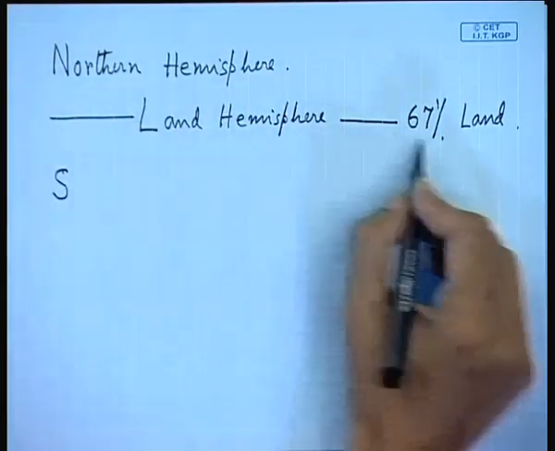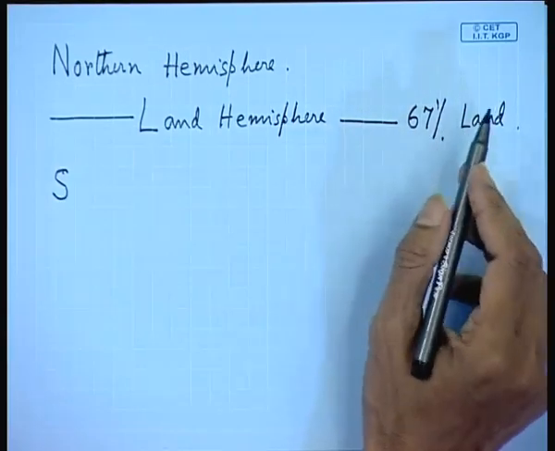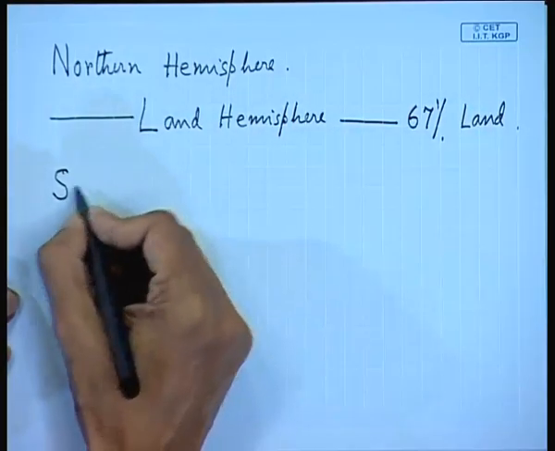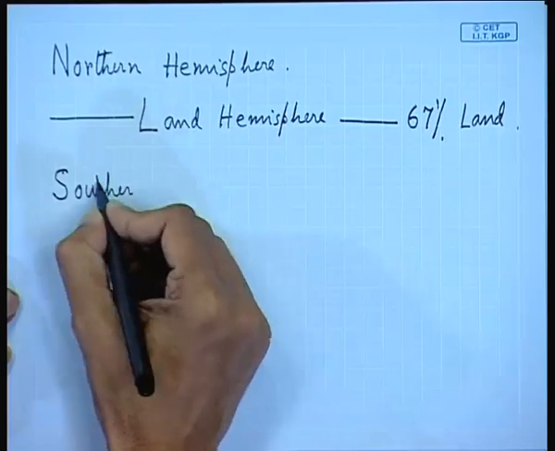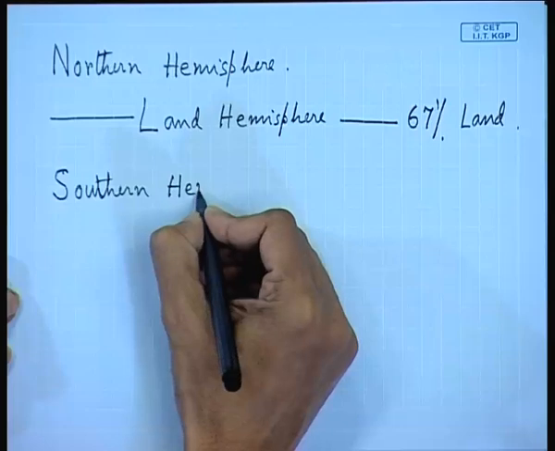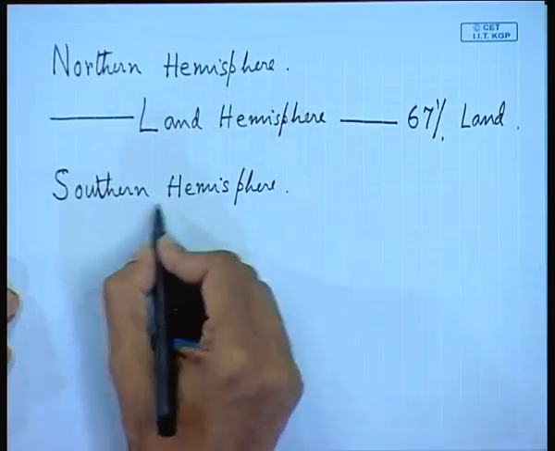So, in the northern hemisphere, 60% of the area is covered by land. Now, in the southern hemisphere hardly any land is found.